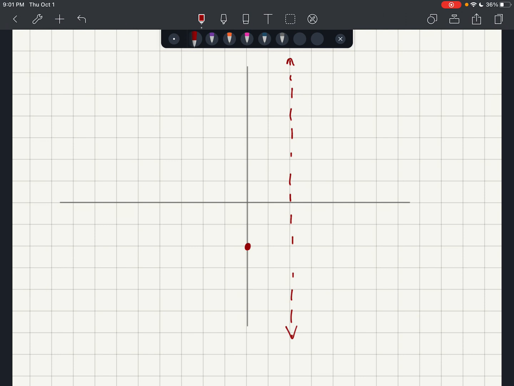It's right there. Whoops, that's y equals x. There's our y equals x. Oh, this is not the way I normally graph. Mine is a little bit more organized.